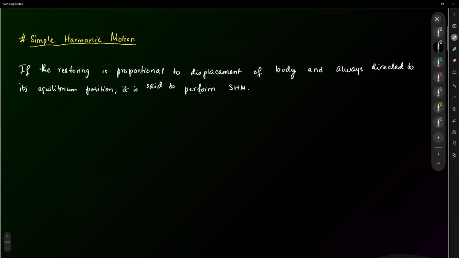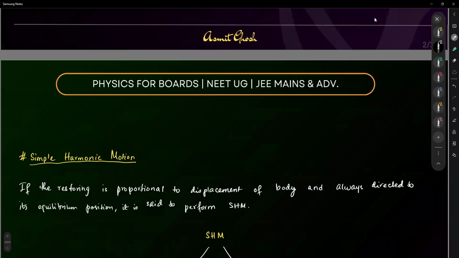Okay. Now, basically, there are two types of SHM. First is linear SHM. Another one is angular SHM. Okay. Now, our next topic is equation of SHM.